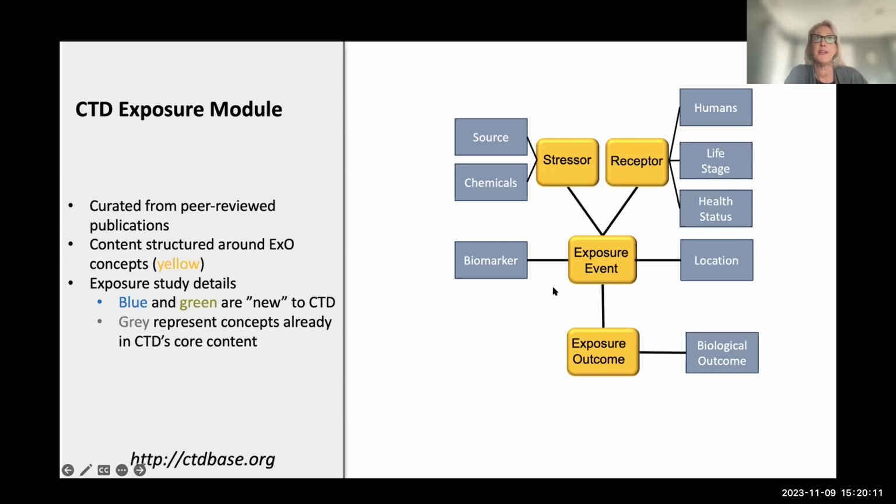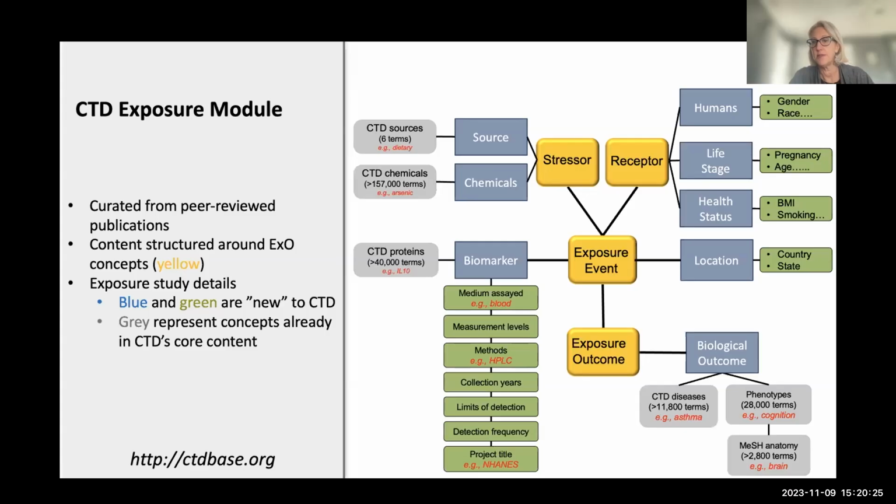The exposure event is kind of what's measured in the community or in households where this happened. And then the exposure outcome can be any number of phenotypes or diseases. And this looks very simple. It's actually quite a bit more complex than our core curation that I started with here. It can be very labor intensive for our curators.